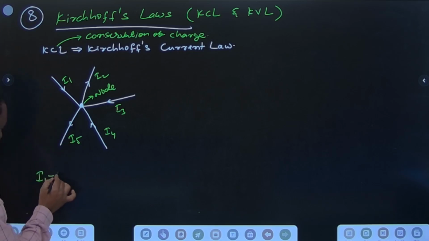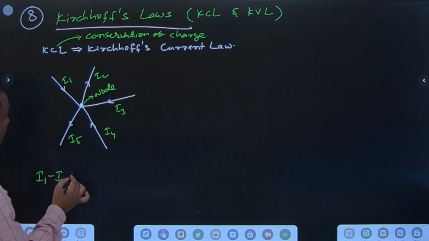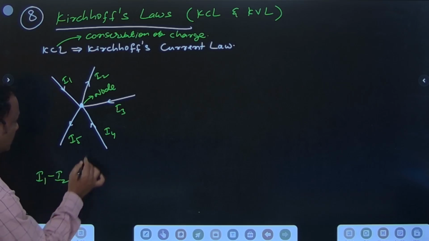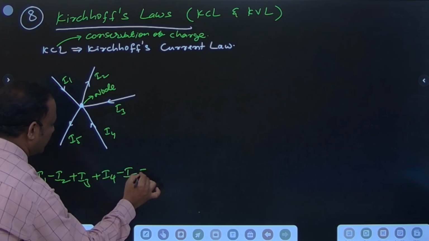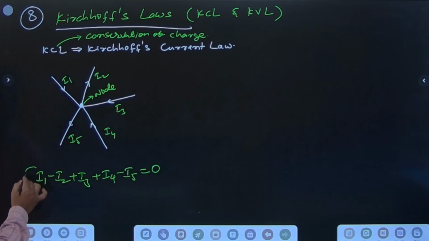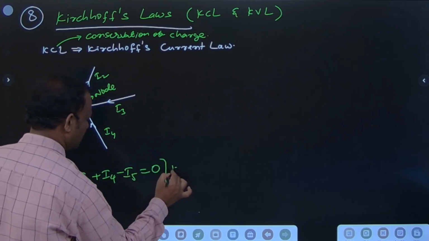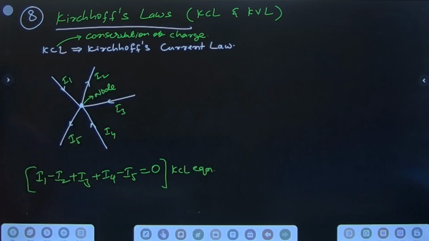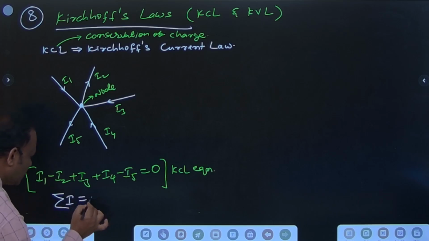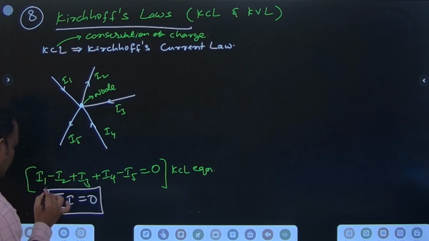I1 minus I2 plus I3 plus I4 minus I5 is equal to 0. This is called the KCL equation: the algebraic sum of all the currents at a junction is equal to 0. Directly, he won't ask us any question like what is KCL.